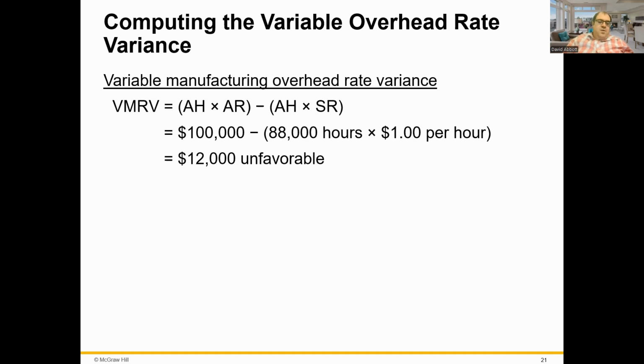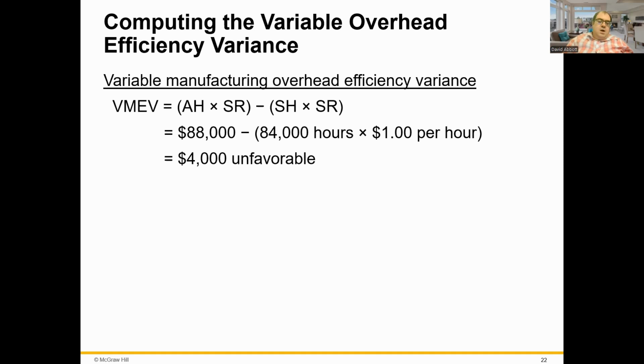And then computing the variable overhead variance. So Colaco's variable overhead rate variance, which is 12,000 unfavorable, is computed as shown here. So we have the 100,000 minus the 88,000 hours times $1 an hour, and then that'll work out to that.